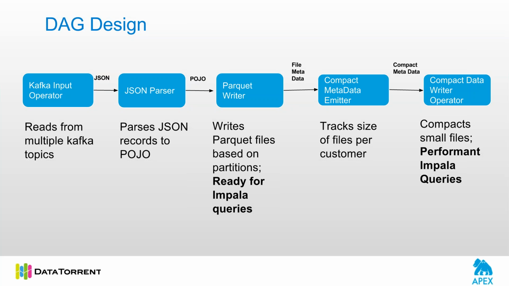After the Parquet writer, we have an operator called the compact metadata emitter, which receives file metadata from the Parquet writer. File metadata just has the information about the file name and its size.